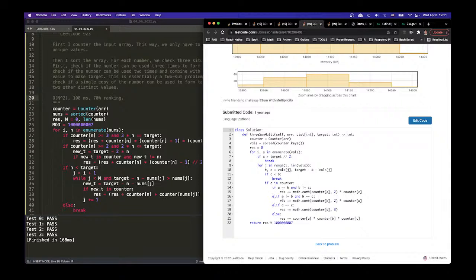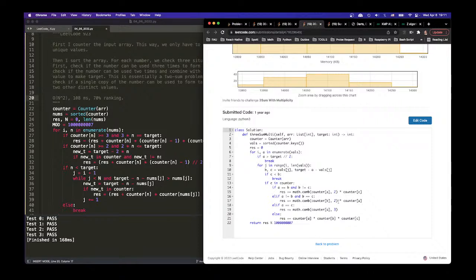And if A is not equal to B, but B is equal to C. If A is equal to C, well, this is A equal to B, B equal to C, right? If A is equal to C, this is actually a cleaner.